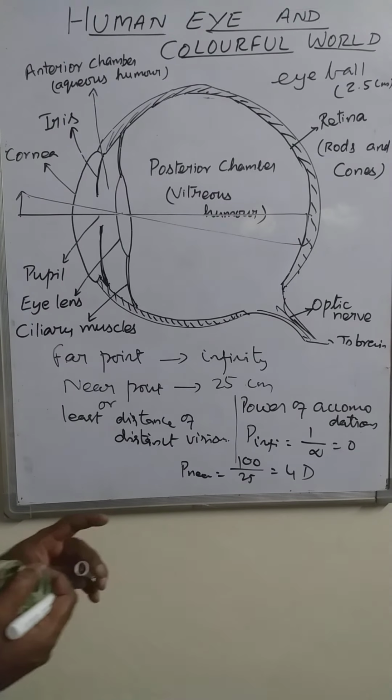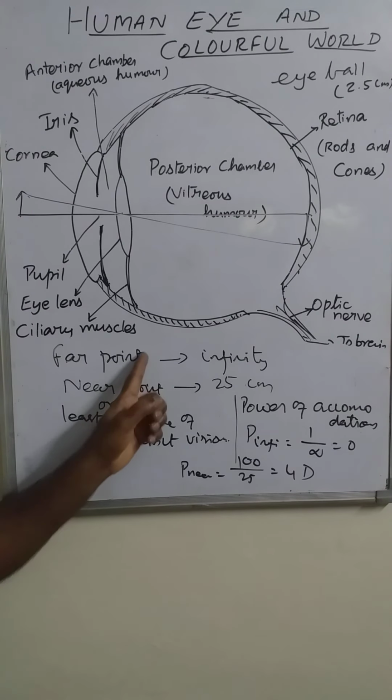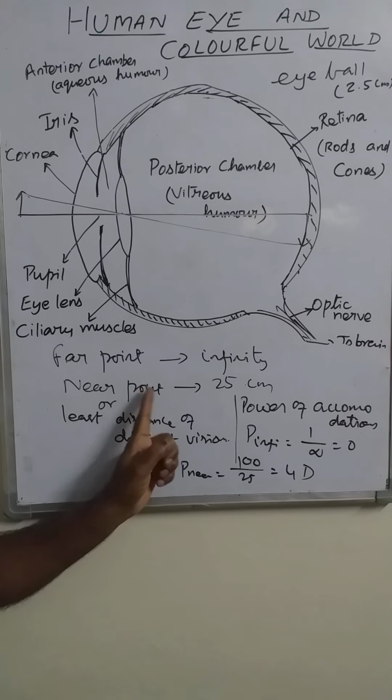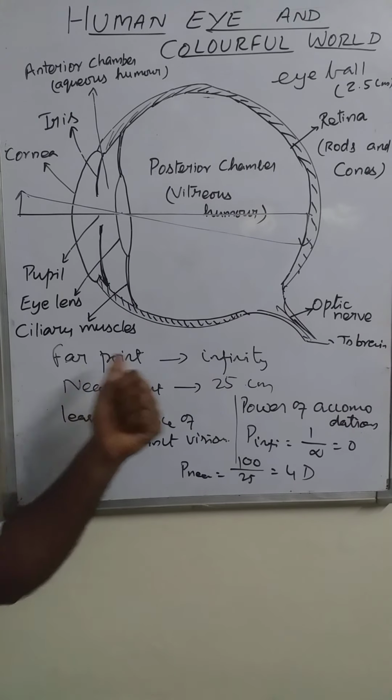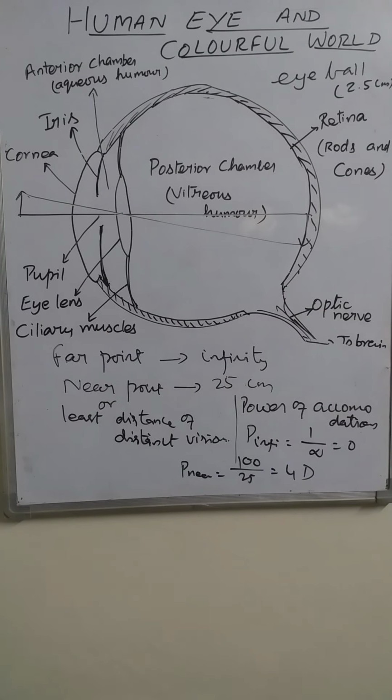And coming to the next term. These two terms must be carefully used: far point, near point. And the two words near point and least distance. Least distance 25 centimeter, near point 25 centimeter. Both are same. This is for normal human eye.